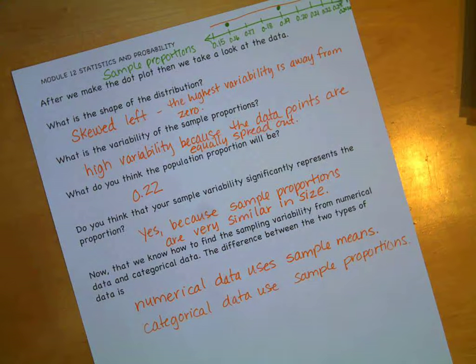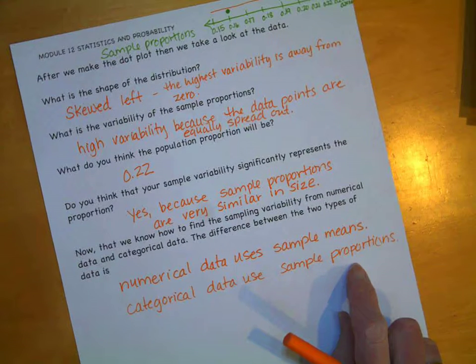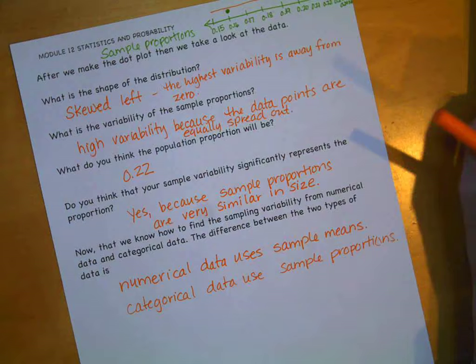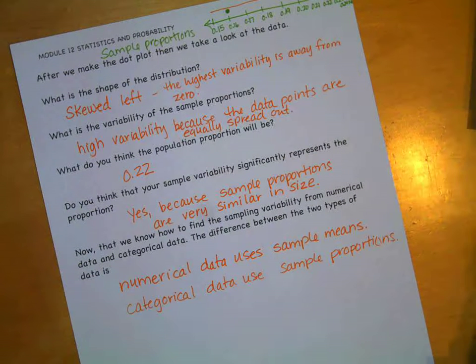The reason why this is true is because with numerical data, you have the numbers, so you can find the means. With categorical data, you don't always have the numbers. You have amounts, but you have to figure out what is the proportion, or what is the ratio of whatever you're looking for to the total. And so categorical data uses proportions to figure out what the representation is and then graph those.